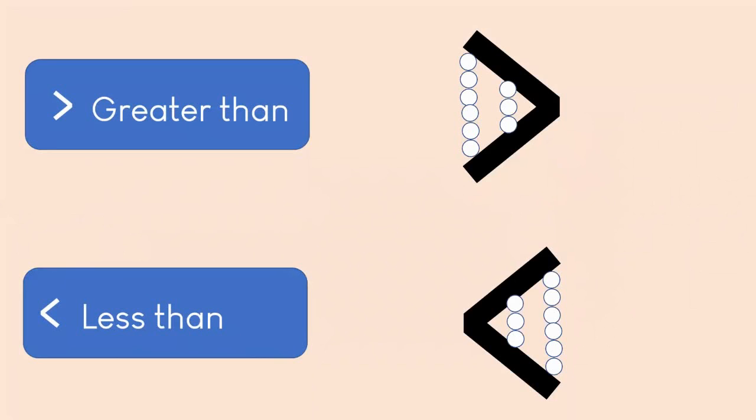The symbol on the top is called greater than because the gap on the left is greater than the gap on the right. You can see that with the little circles here. We've got a greater number on this side and a lesser number on here. Below this is called less than because the number to this side will have less in it, and the number to this side will have the greatest value. It will be more than the other one.